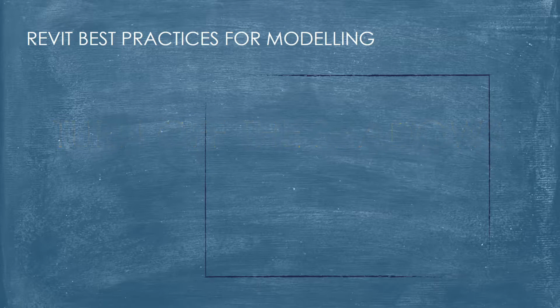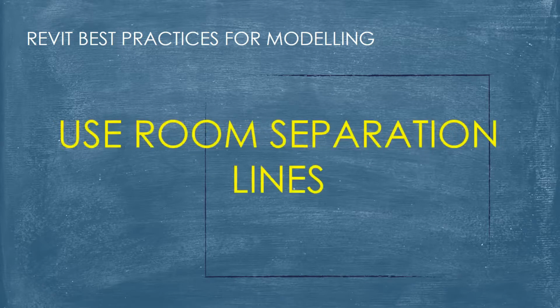So what's next? The next one is use room separation lines. Room separation lines help divide rooms where no other bounding object is present. However, just be careful. When these lines begin to overlap with other bounding objects, such as, for example, the walls and columns, they will cause errors.